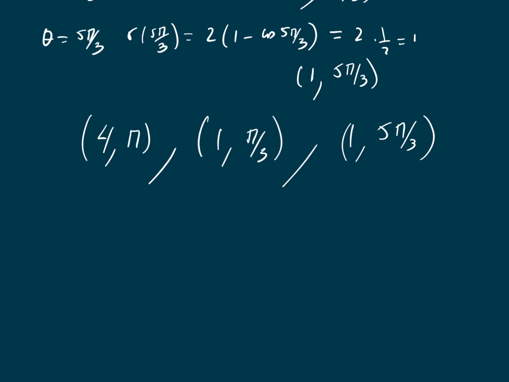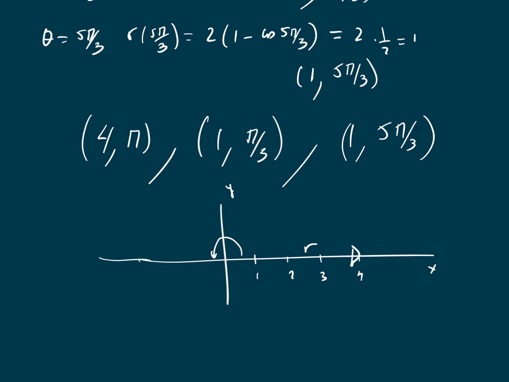This is the x, this is the y. The r is 4: 1, 2, 3, and 4. So you rotate the r by the angle pi, and you are here: minus 1, minus 2, minus 3, and minus 4.